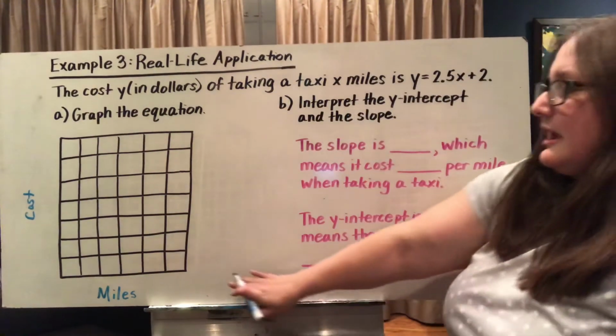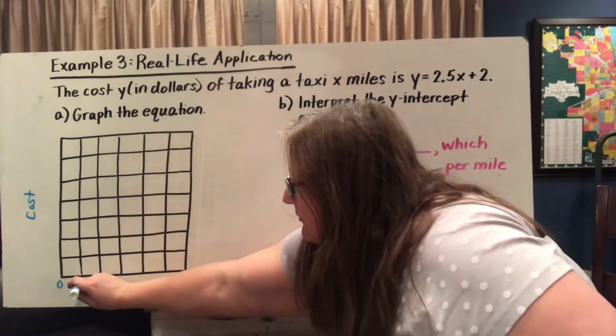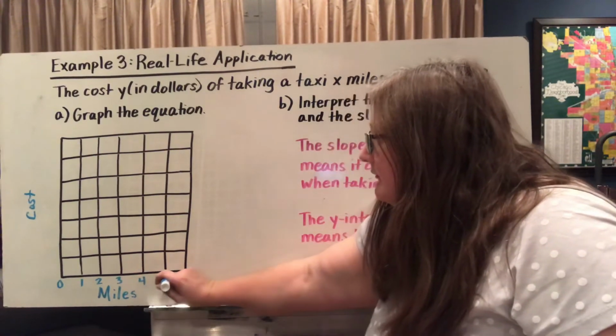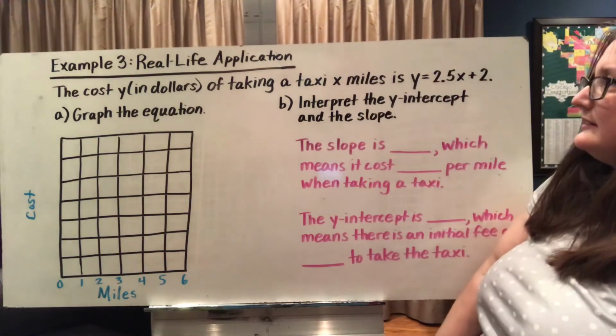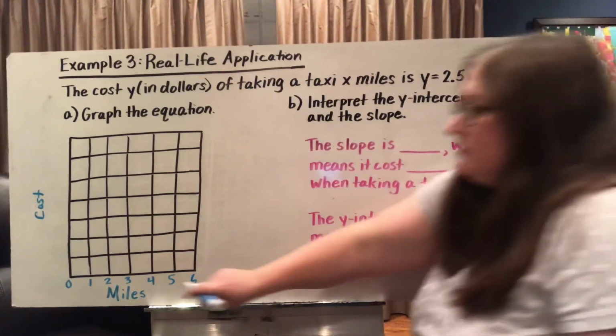Now down here I'm going to count by ones. So I'm just going to label 0, 1, 2, 3, 4, 5, 6. And on my y-axis, since I know I'm going to be going up rather quickly, I'm going to count by twos.